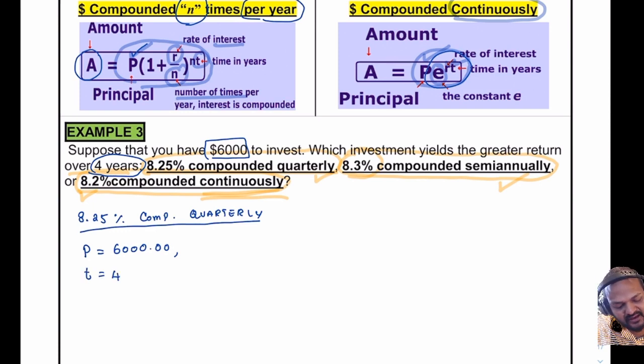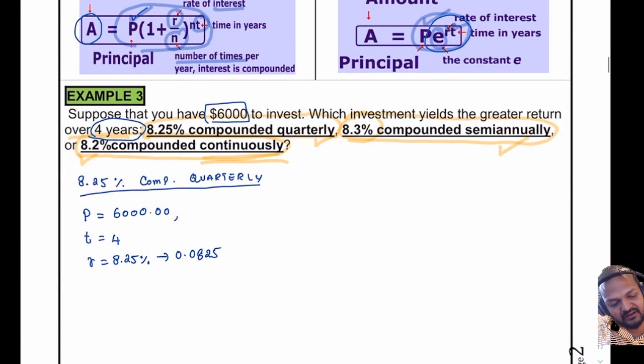In this particular case, the growth rate or the interest rate is 8.25%, which you can write as 0.0825. And since it's compounded quarterly, the number of times they compound is 4 times in a year, so n is equal to 4.